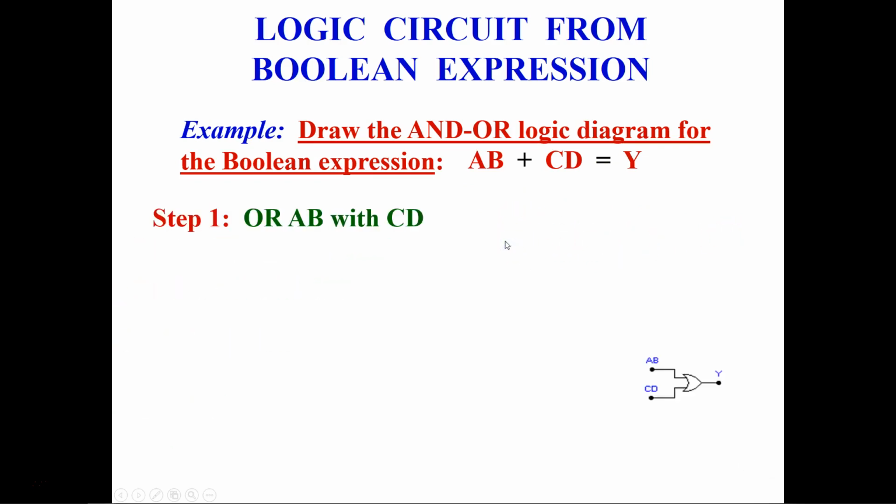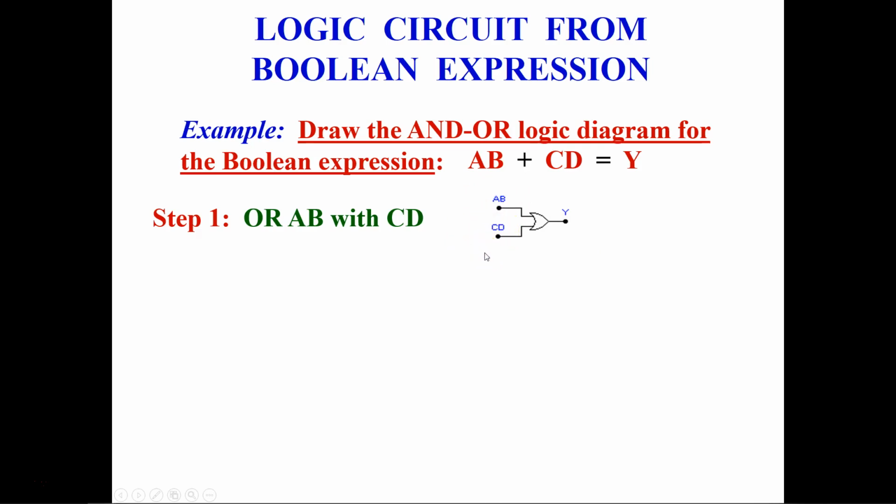So let's see next. You see here, this is the OR gate, and in the OR gate you have two inputs, AB going in and CD going in, and we took AB as x1 and CD as x2. If you combine those, you will get at the output AB plus CD, or x1 plus x2. Now, how are these AB and CD inputs coming?